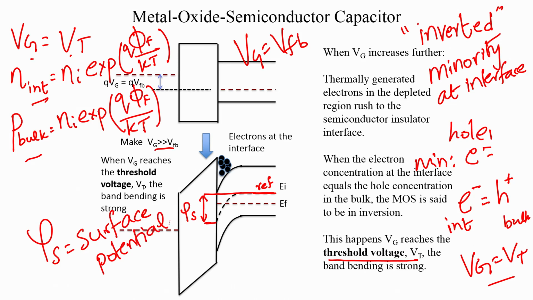So, that is the complete band bending in the semiconductor. At threshold voltage, what is the surface potential? The surface potential is going to be 2 phi f, because it is going to be phi f here and phi f there. So, when the surface potential is equal to 2 phi f, your Vg is equal to your threshold voltage. This is a very useful term to remember, because we will keep referencing it.